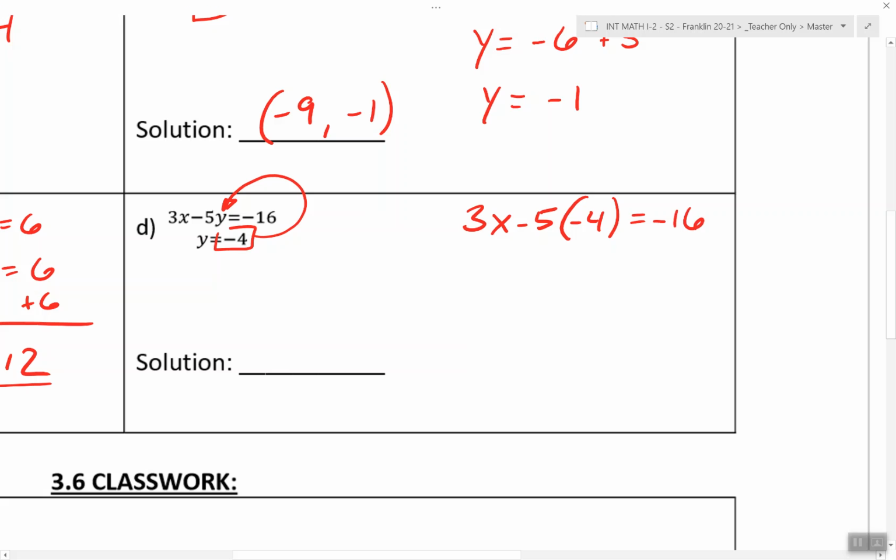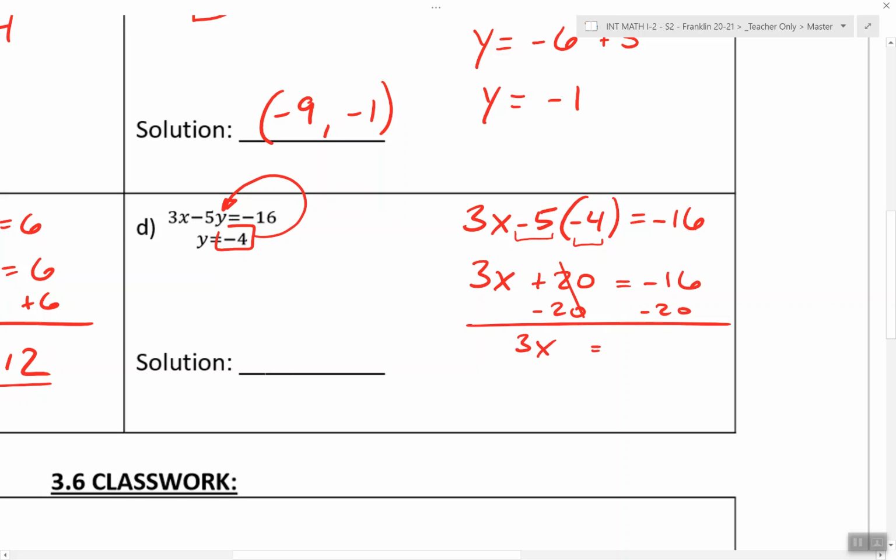So again, we just replaced the y with that negative 4. Okay, so we got 3x, negative 5, keep that negative there, times negative 4. Negative 5 times negative 4 is positive 20, equals negative 16. Okay, so we have to subtract 20 from both sides here.